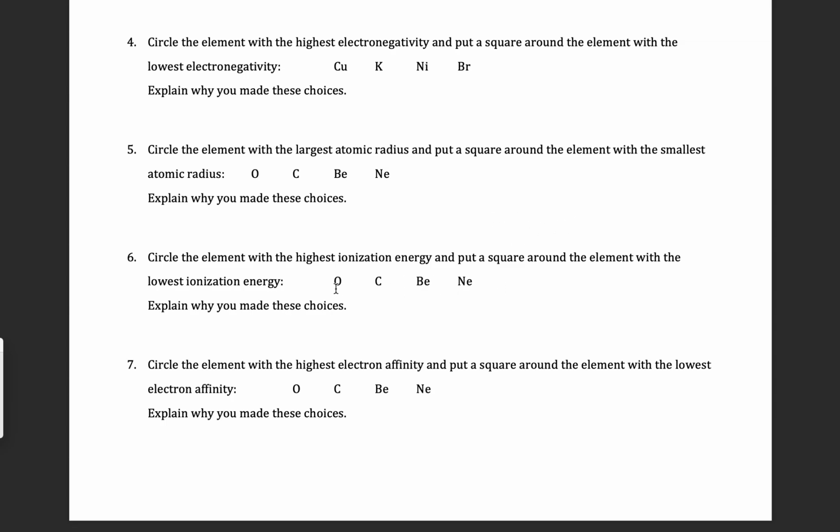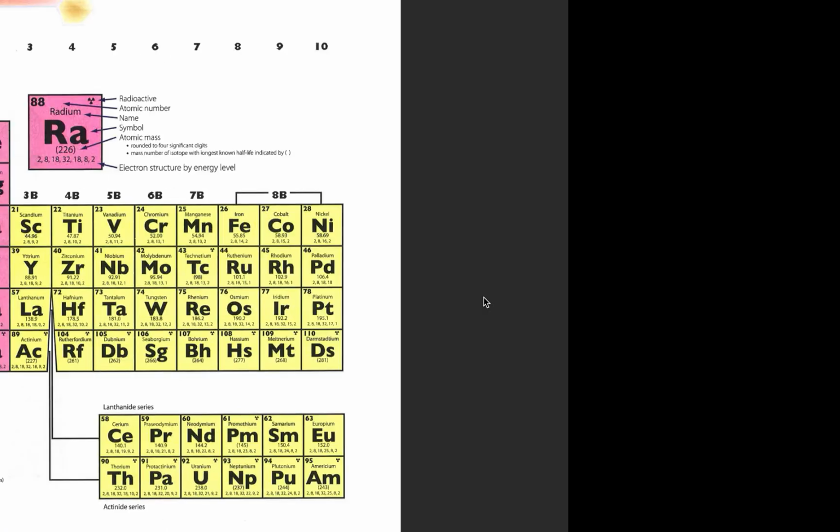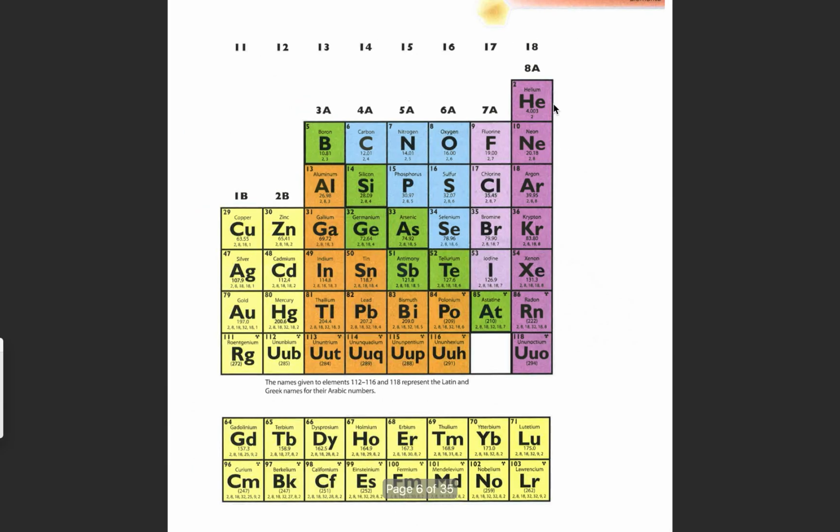Okay, so we know oxygen is to the right of beryllium. Oxygen is also to the right of carbon, but neon is higher up. Neon is farther to the right than oxygen.